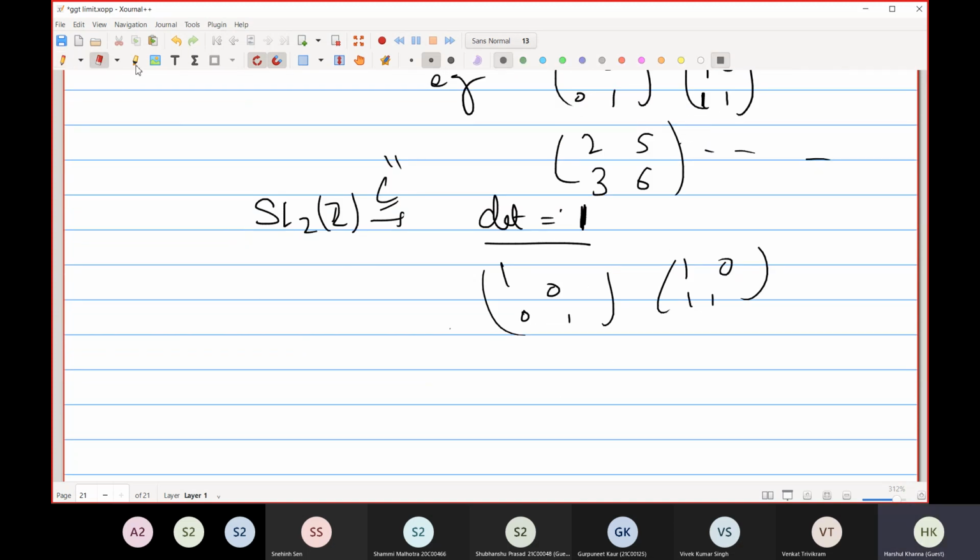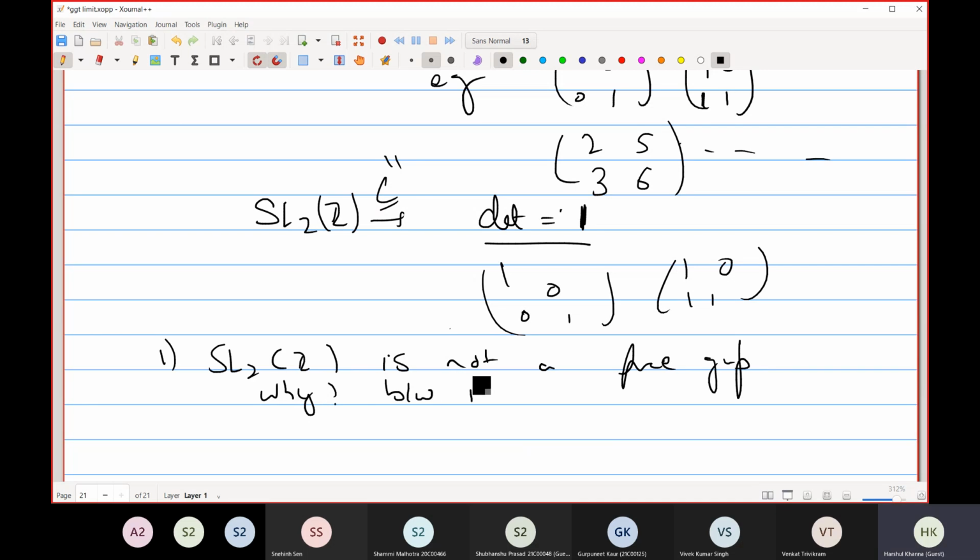Now, SL2Z is not a free group. Why? Because it has elements of finite order.